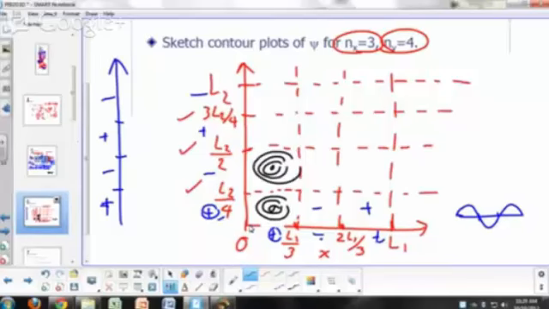You'd have the maximum value in the middle of these compartments, and you're just going from positive here to negative here. So this thing right here would be the bottom of a well. This thing right here would be the top of a mountain. Imagine you're looking at it from the top and you're cutting slices at equal heights and tracing the edges of those slices. You get your contours.